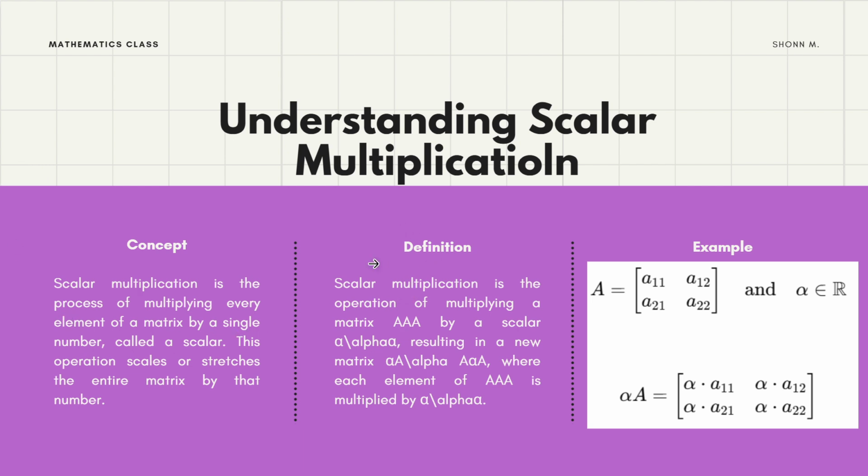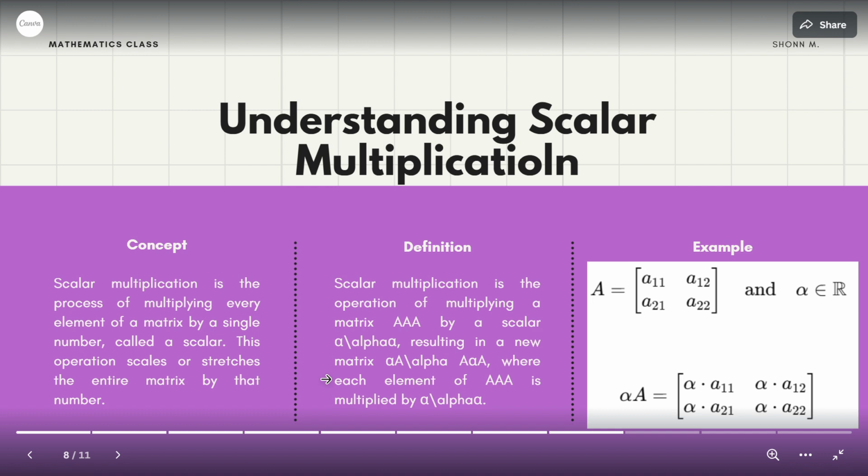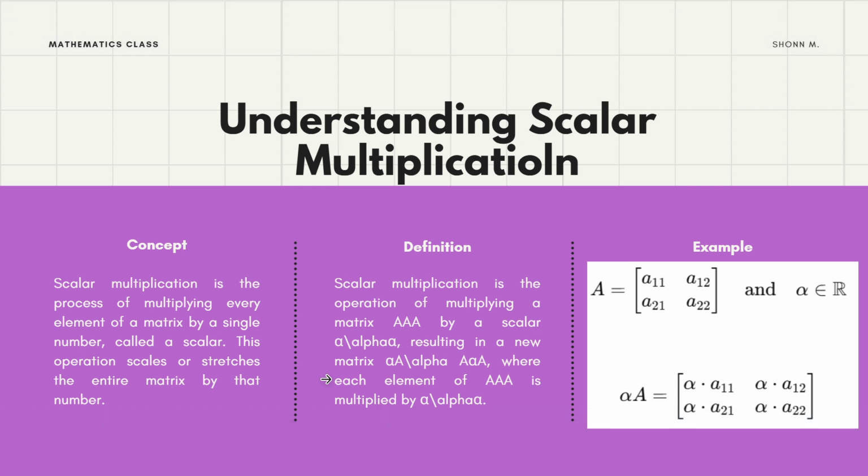We have the definition. Scalar multiplication is the operation of multiplying a matrix A by a scalar alpha, resulting in a new matrix, alpha A, where each element of matrix A is multiplied by alpha.